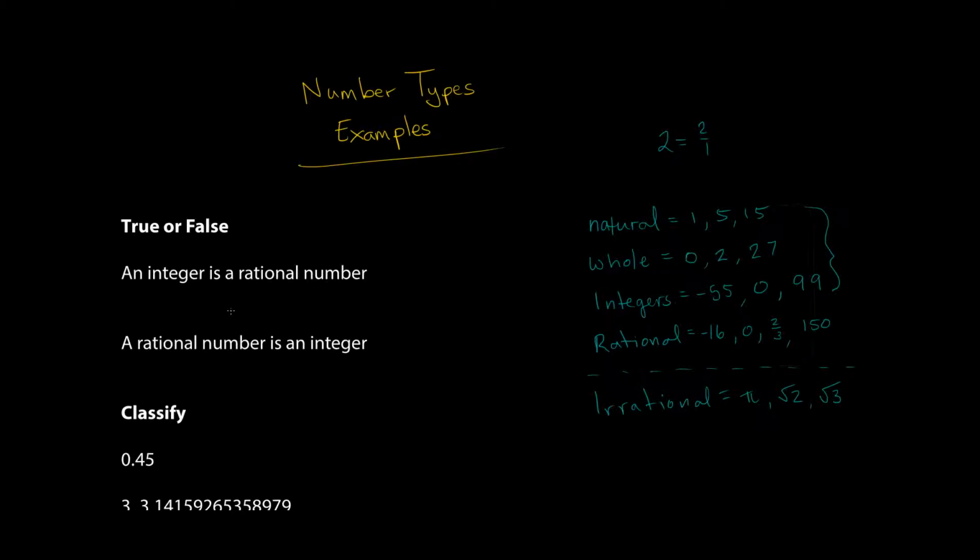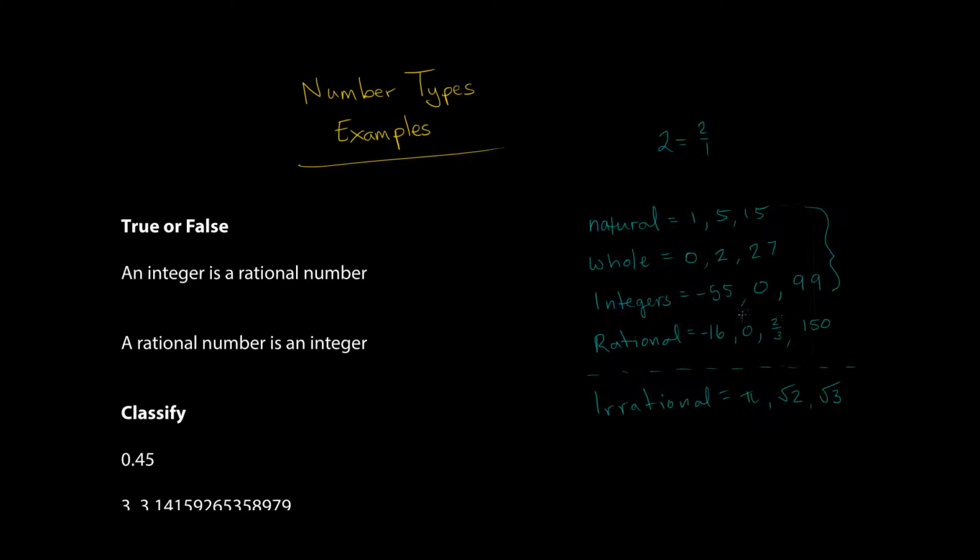So first we have a true or false problem. An integer is a rational number. Well, let's take a look at what an integer is. Integers are positive, negative, or 0, and no fractions. And now, what's a rational number? A rational number is also negative, 0, or positive, but they can be fractions.